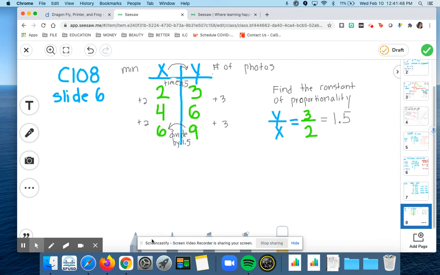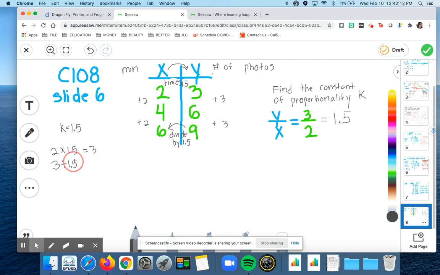So, for example, we're using the constant of proportionality, K. If K equals 1.5, then 2 times 1.5 equals 3, but also 3 divided by 1.5 equals 2, right?